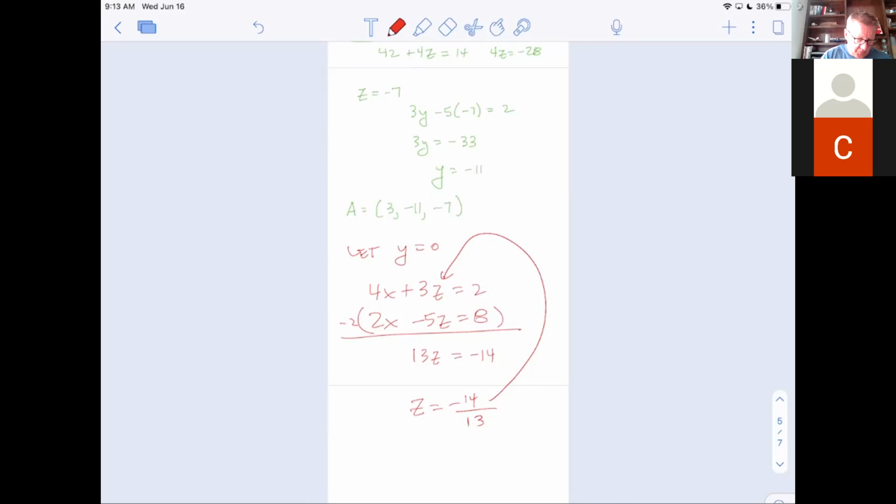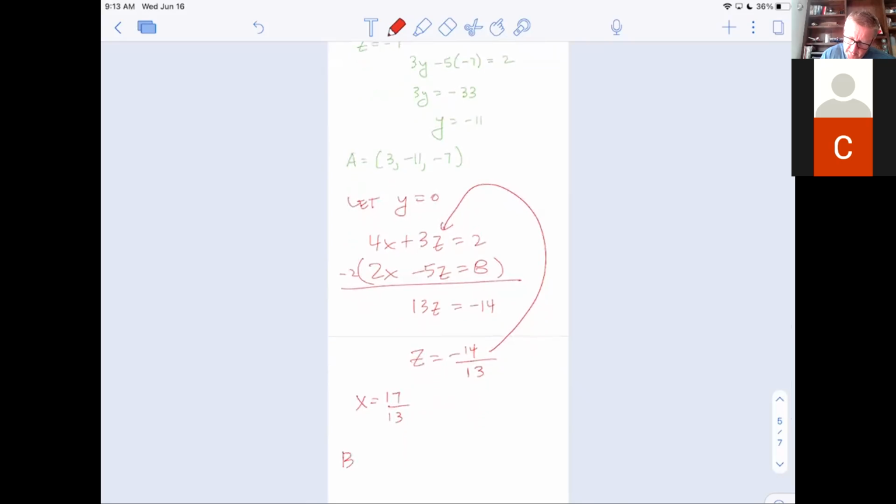I get some crazy decimal, so I cheat and have the calculator tell me what that fraction is. That gives me an x value of 17/13. So I now have my second point. I'll call it B, where x is 17/13, y is 0.